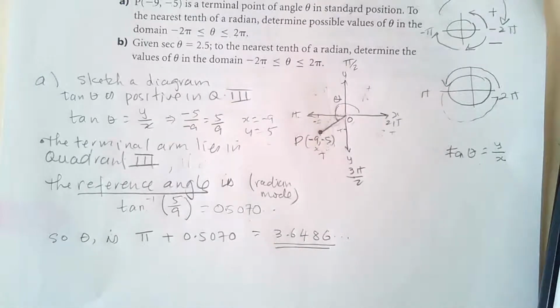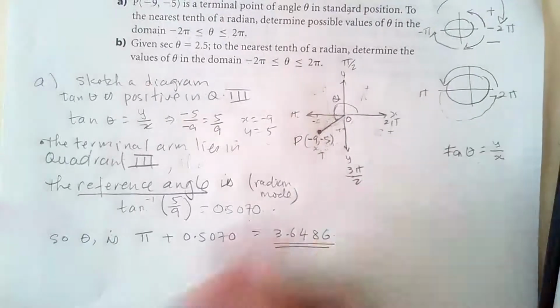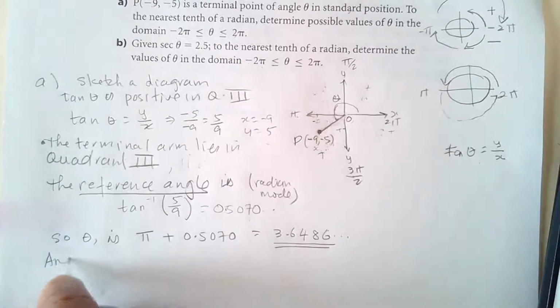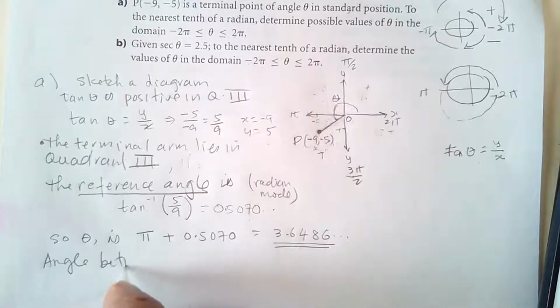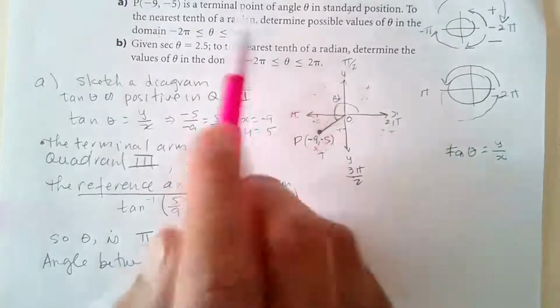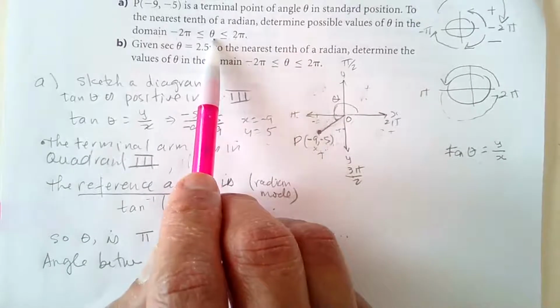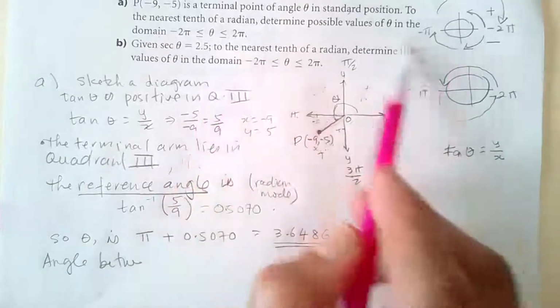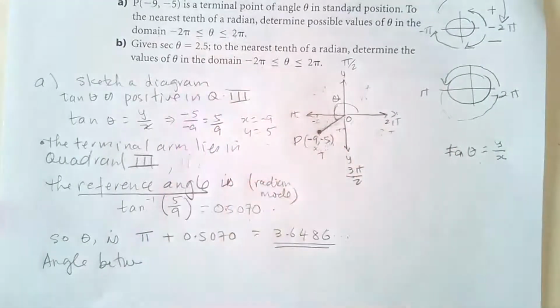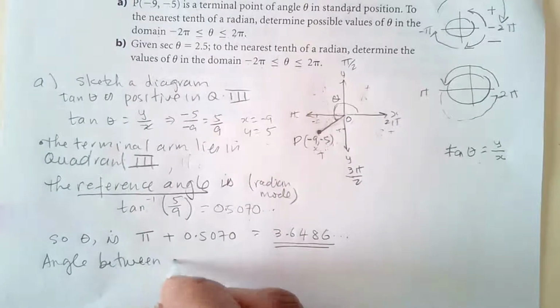Now we're asked to find the angle between 0 and 2 pi and between 0 and negative 2 pi. So let's do the first one.